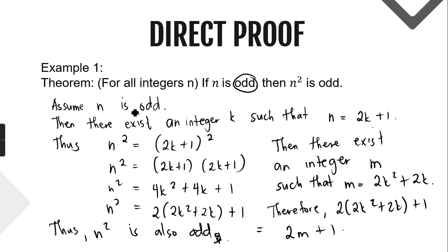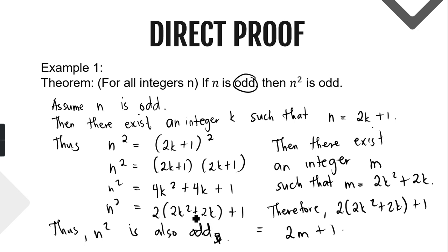So, gamitin natin yung ating definition number 2 so that n squared is equal to the quantity of (2k plus 1) squared. And then, perform lang natin siya. And then, we will have another integer. So, pwede kayong gumamit kahit anong letter. So, I used m here.